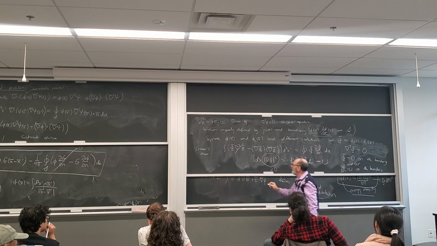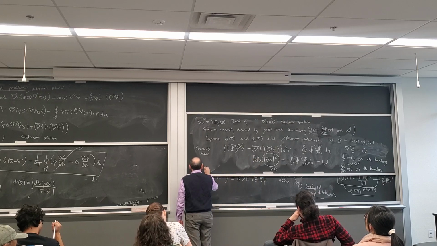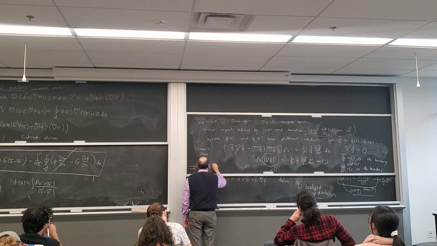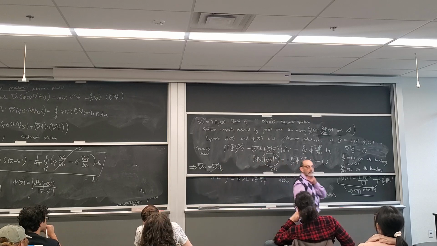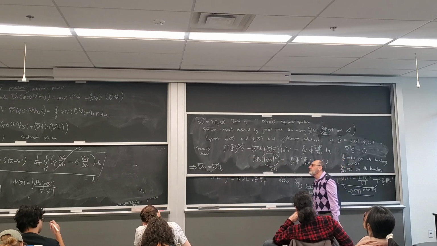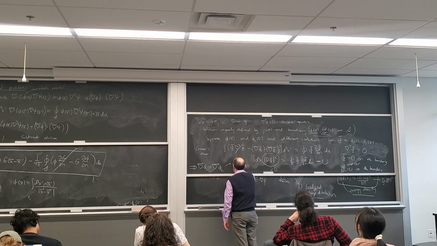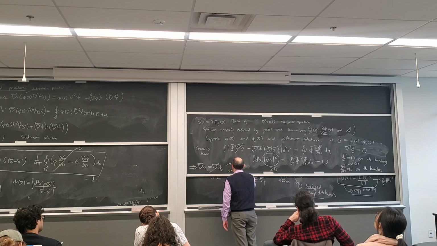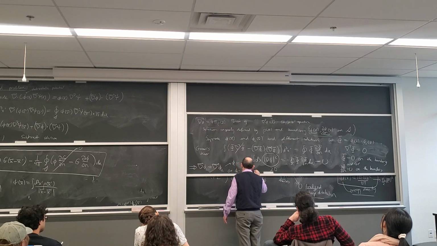So what this tells me is that the gradient of phi 1 has to equal the gradient of phi 2. Which means that either these guys are equal, or the difference between them is some constant.